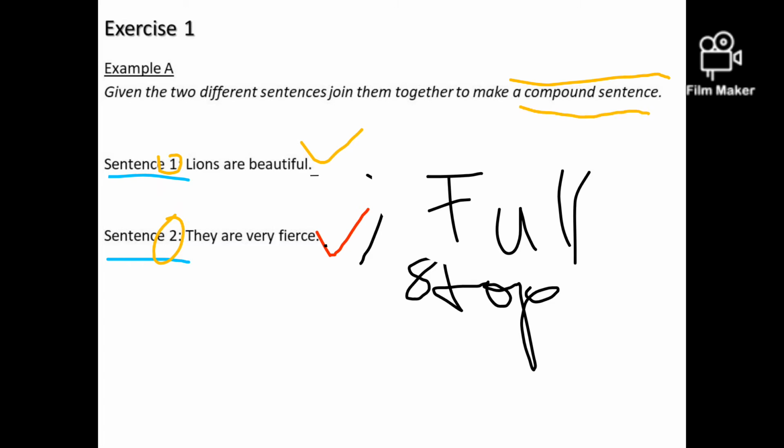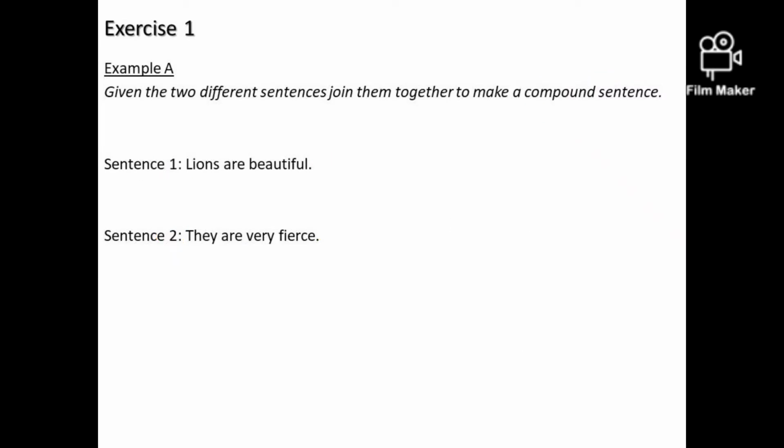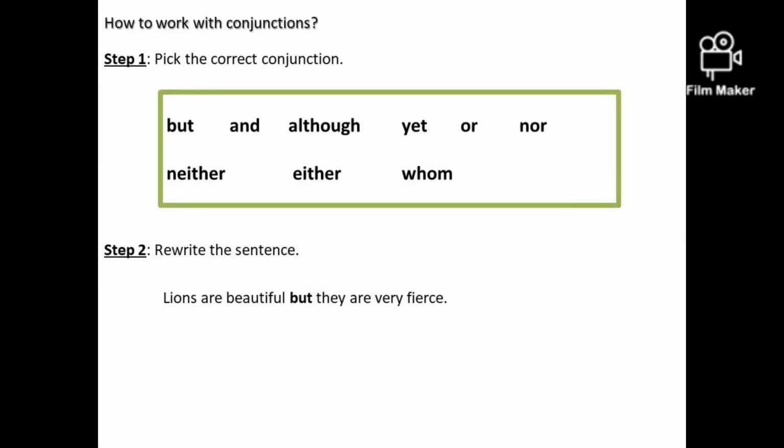How do we go about doing that? We make use of a conjunction. A conjunction is the linking word. So step number one is basically that you pick the correct conjunction.